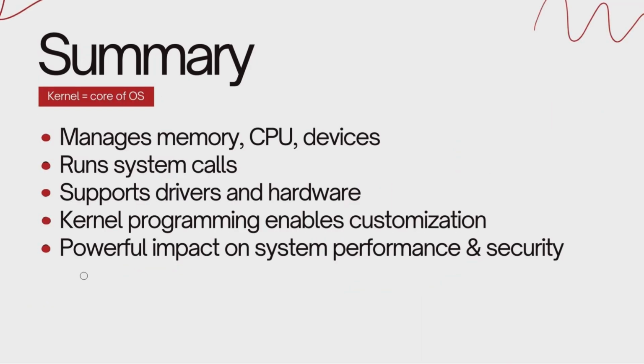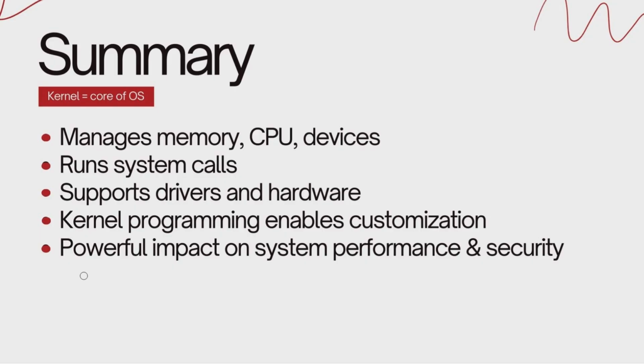To summarize the core points, the kernel is truly the heart of the OS. It manages the resources. It is a central authority that manages the fundamental resources, including process management and memory. To sum up, the kernel is the core brain of the operating system, the heart of the operating system.